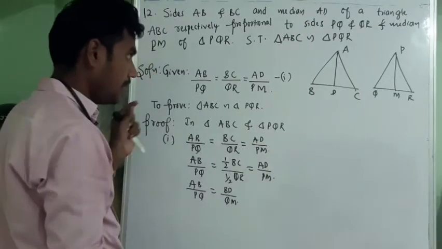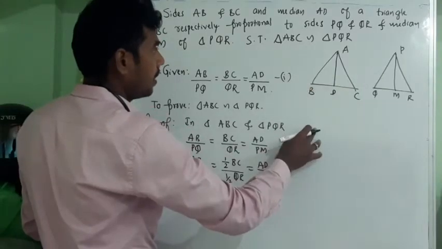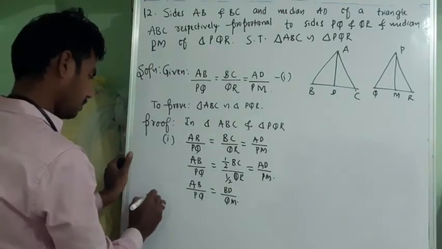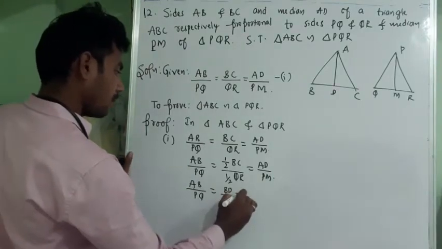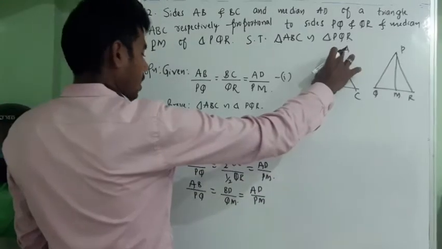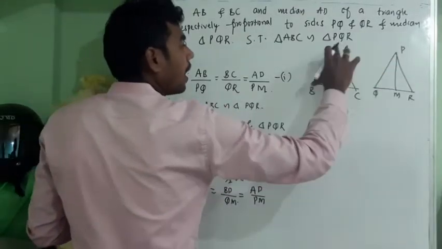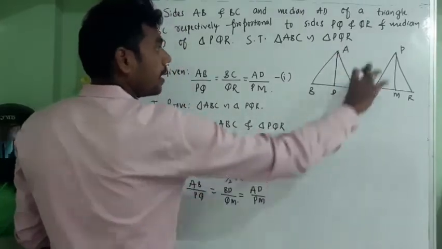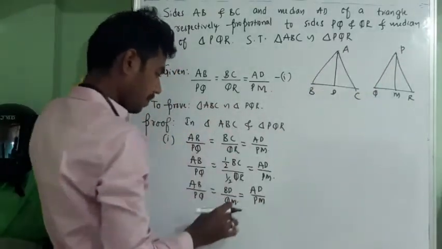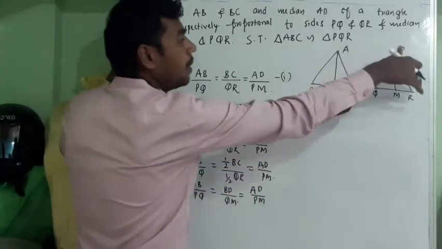And see, in triangle ABD and triangle PQM, we have AB by PQ, BD by QM and AD by PM.